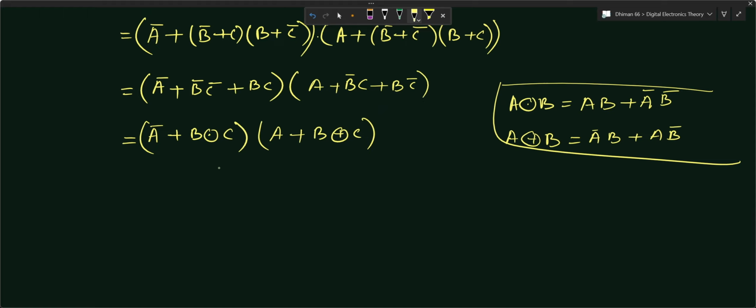From here, we can use the transposition theorem. Why? Because a and a bar are in complemented form, and b XNOR c is the complement of b XOR c.